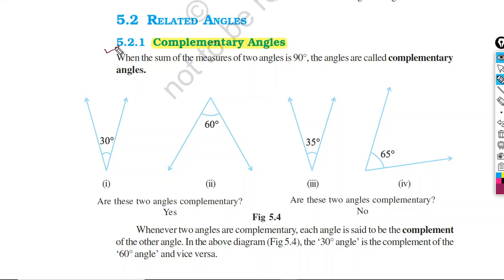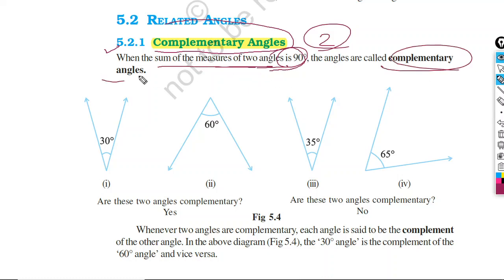In class 6, I think you have some concept of complementary angles. Now again we will learn about complementary angles here. So what is a complementary angle? If the sum of the measurement of two angles is 90 degrees, then we call them complementary angles.